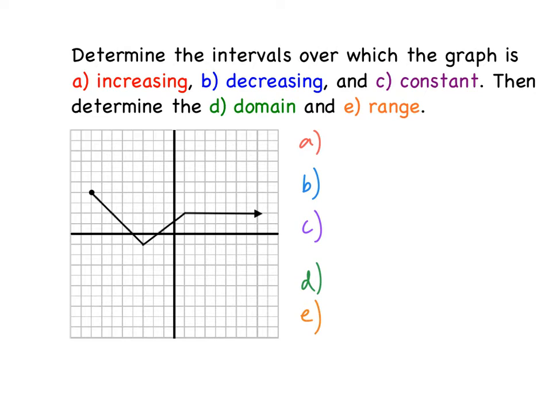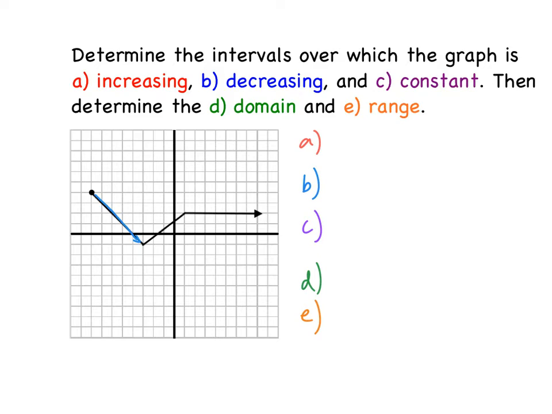And again, we're talking about intervals of the domain, so I want to think about that left side and then move towards the right. So as I go to the very left end of the graph, I see that as I try to move right along the graph, I'm being forced to move down. So what's actually happening here is that this graph is decreasing along this part.